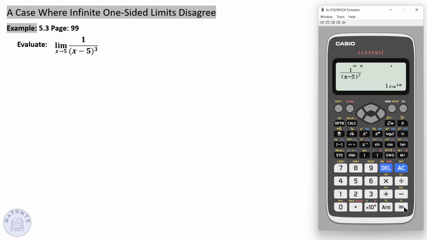And this equals an extremely large number, so infinity. And then calculate. And now from the left side, 4.9s. And this is approaching an extremely large negative number. So negative infinity. Therefore, I can tell that the limit does not exist.